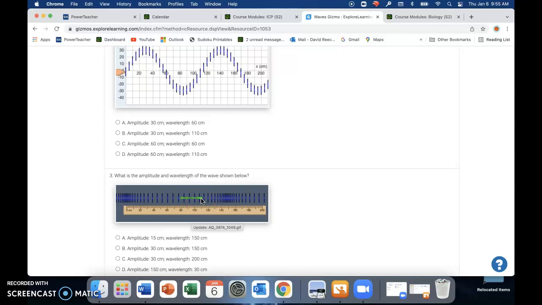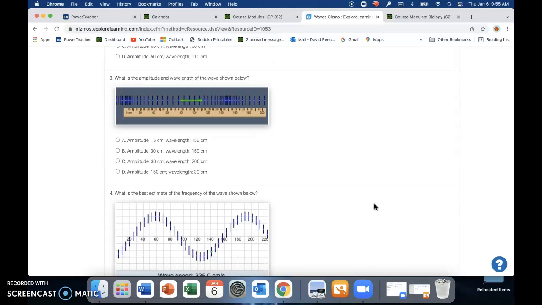So from 95 to 110 is 15 centimeters. Okay, and the only one here with 15 centimeters is A, so we can double check that by measuring the wavelength. The middle of this compression is at 0. The middle of this compression is at roughly 150. So yes, it is 15 centimeters amplitude, with 150 centimeters of wavelength.